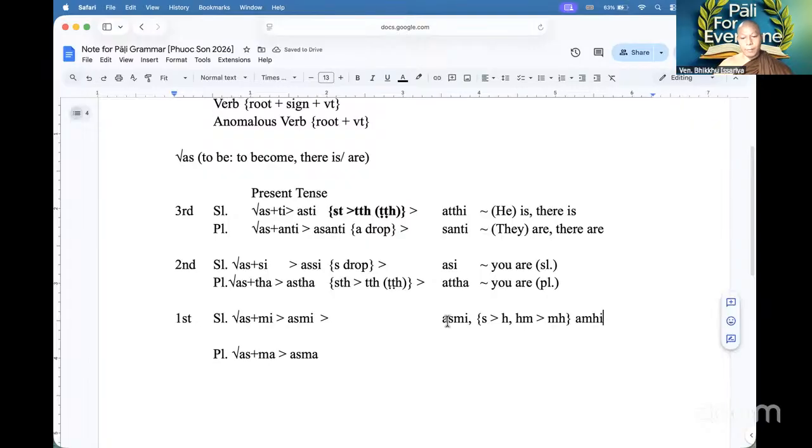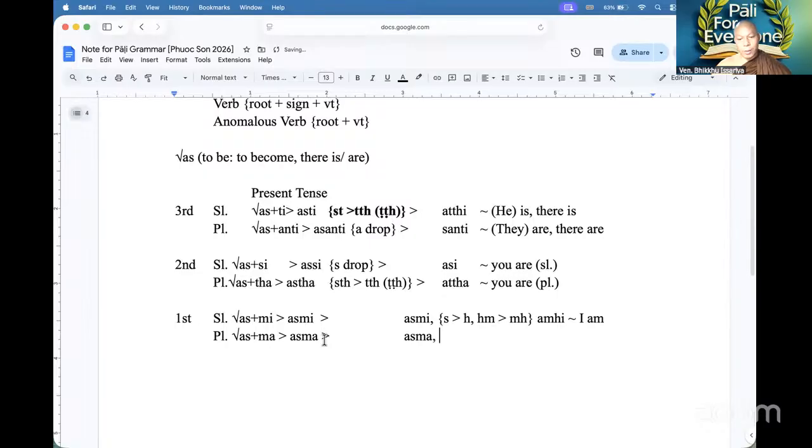So two forms we have. Me, I am. Okay. But this asma also has the same two forms. Asma also we use in the same process. Sa to the ha and hma to the mha. So we have the mha. So that means we are, in this way.